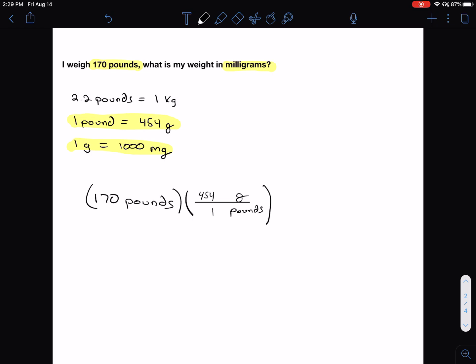We can either calculate this now, or we could add a second step and go directly from pounds. Our pounds have crossed off, but we can see we're still in grams if we were to stop here.